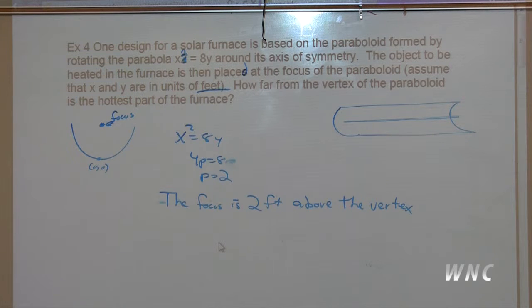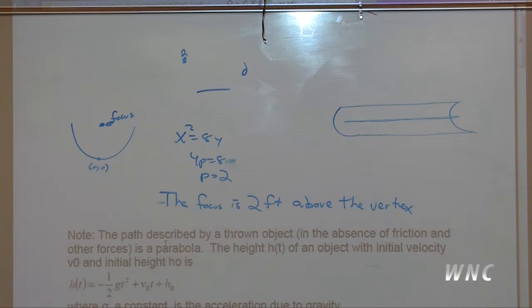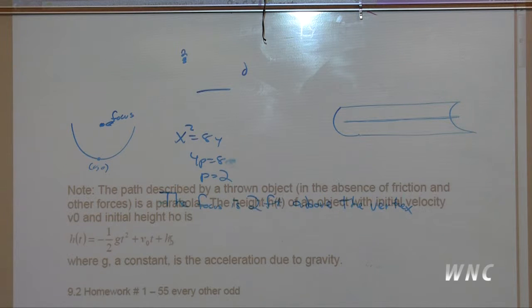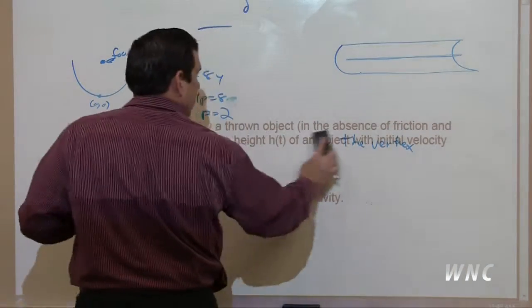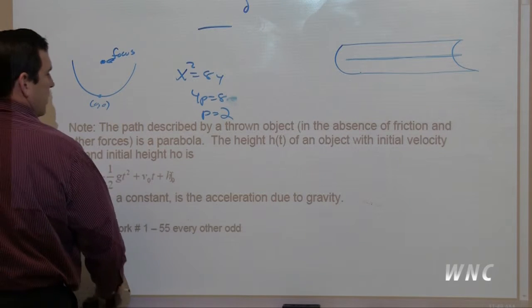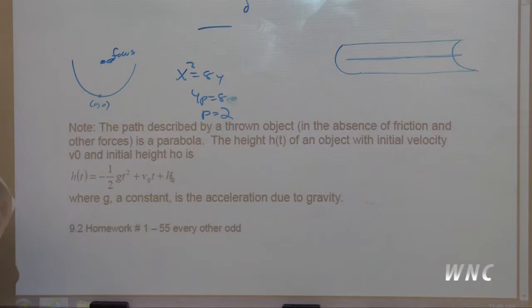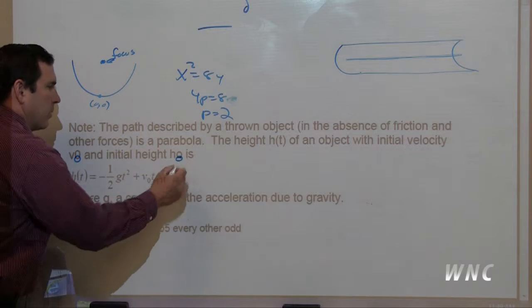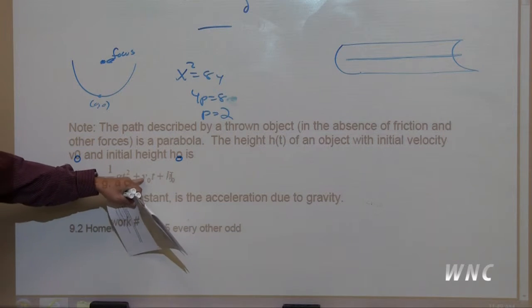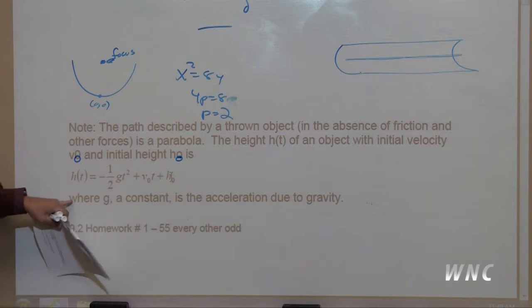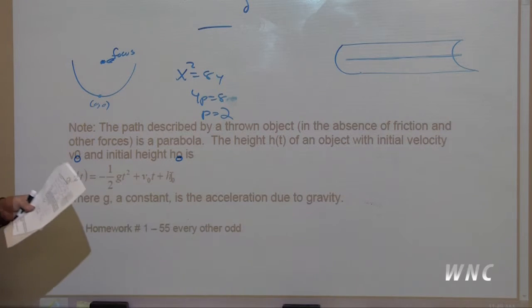Okay, the last part of this, just some notes here. The path described by a thrown object, in the absence of friction and other forces, is a parabola. The height h of t of an object with initial velocity v sub 0 and initial height h sub 0 is h of t equals minus 1/2 g t squared plus v naught t plus h naught, where g is a constant, the acceleration due to gravity.